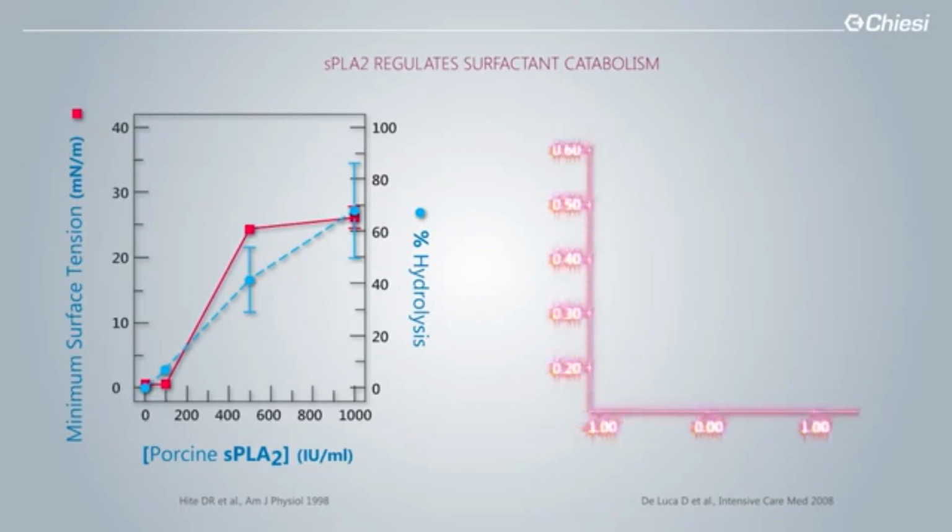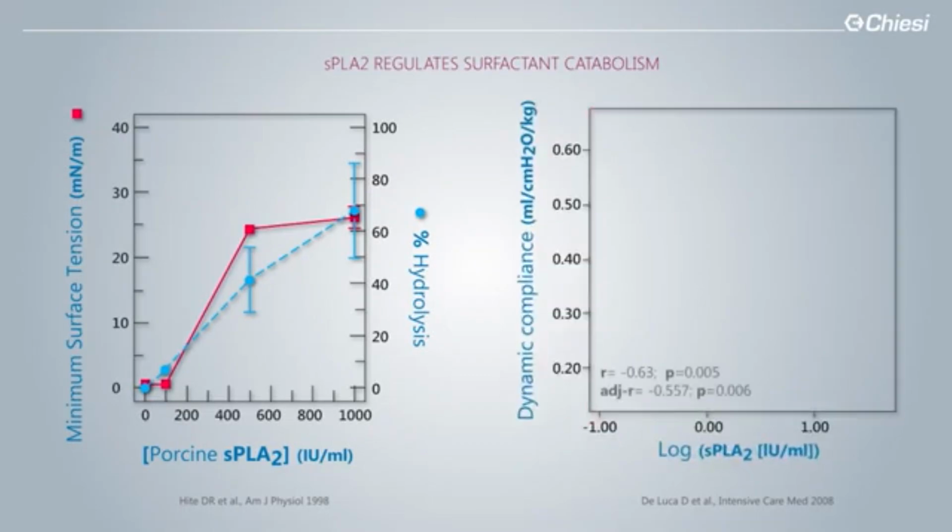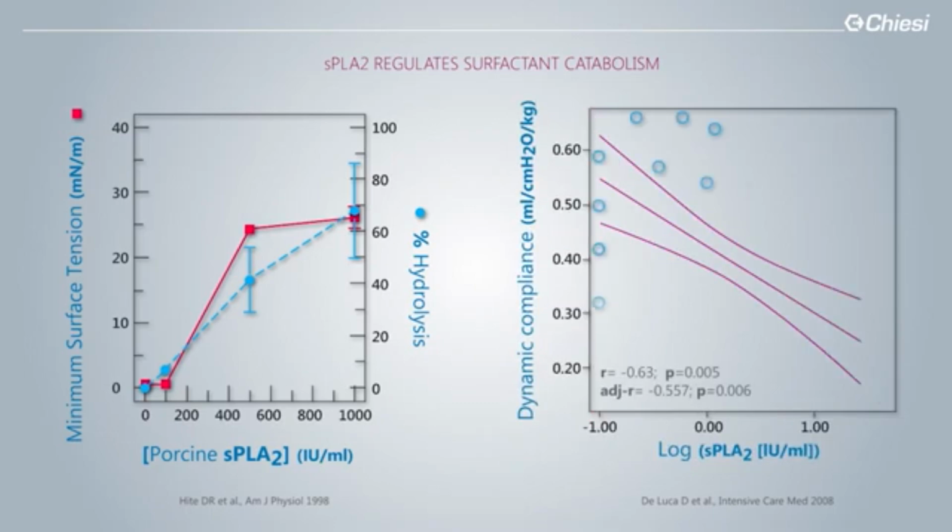On the other hand, we did an experiment in human neonates. Clearly, we did not inject any phospholipase into the neonatal trachea, but instead, we did some bronchoalveolar lavages in these neonates, and in the lavage fluids we measured phospholipase A2 activity. We also measured dynamic compliance. Compliance can be measured with mechanical ventilators, and it gives you an idea about how stiff the lung is.